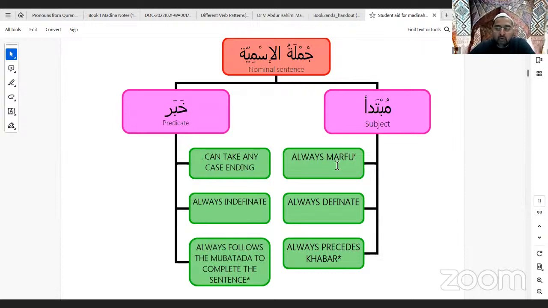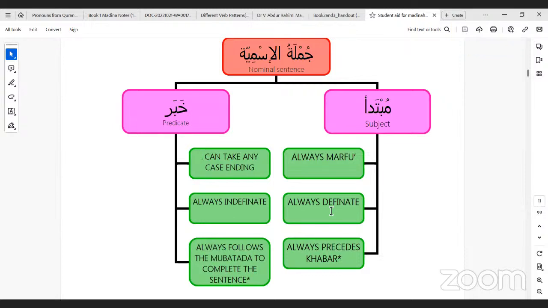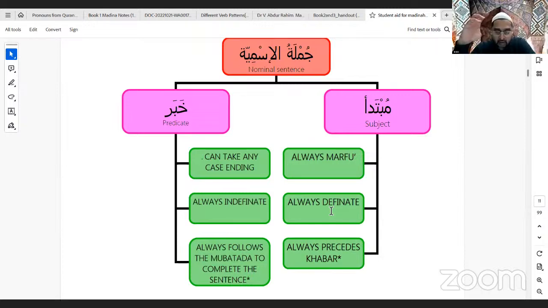You can write this point down: there are nouns in the Arabic language which are proper nouns. All definite nouns with alif lam and all names of individuals are treated as proper nouns.